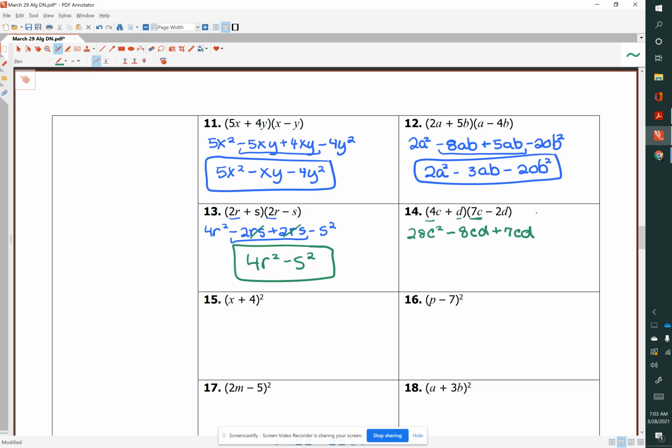And then d times negative 2d would be negative 2d squared. And in the middle, we've got negative 8 plus 7, which will be negative 1. So our final answer, 28c squared minus 1cd, and that's an invisible 1, minus 2d squared.